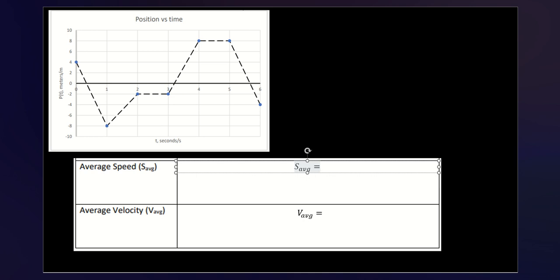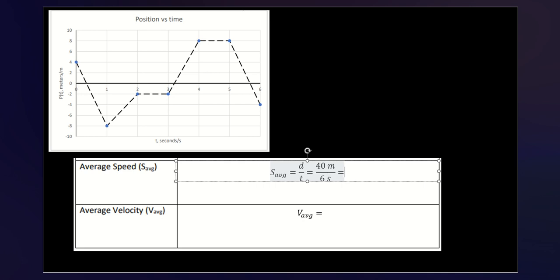The reason is, average speed is just going to be our total distance divided by the amount of time we measured that distance. So, we already calculated that our total distance was 40 meters. And of course, from our graph, it only goes from 0 to 6 seconds. So that's 6 seconds in total.